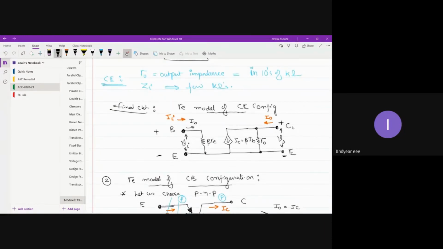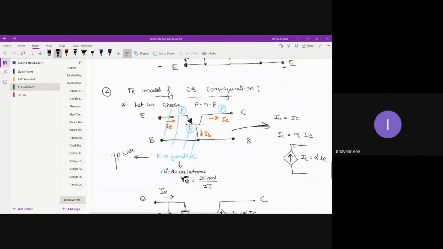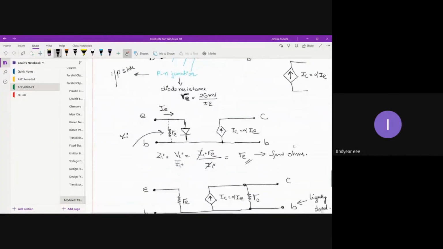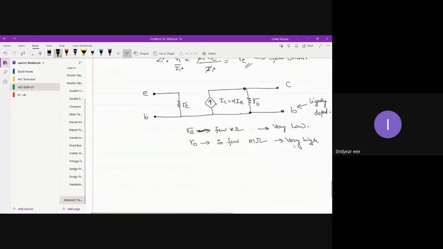On the other hand, if you look at your common emitter configuration, the output terminals are collector and emitter. Both are heavily doped. Heavily doped means conductivity is very, very good, which means resistance will be very small, right? So that's the reason the output impedance of common emitter configuration will be in a few kilo ohms or tens of kilo ohms. On the other hand, common base configuration will have an output impedance in the range of mega ohms.